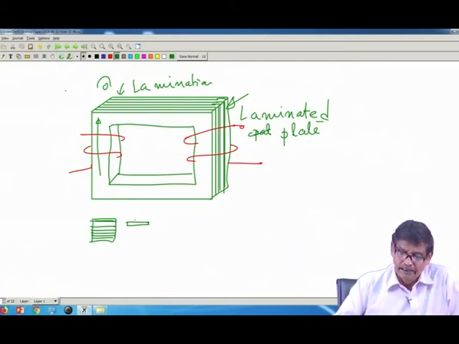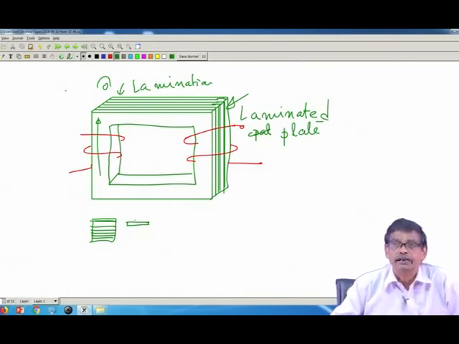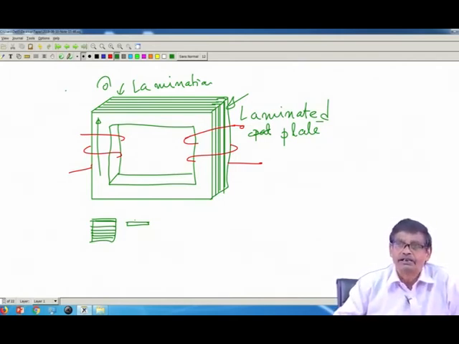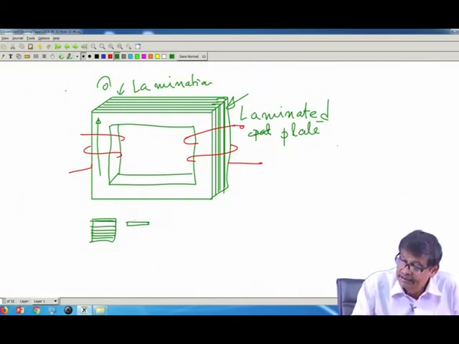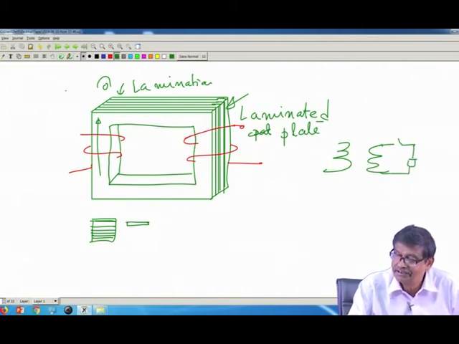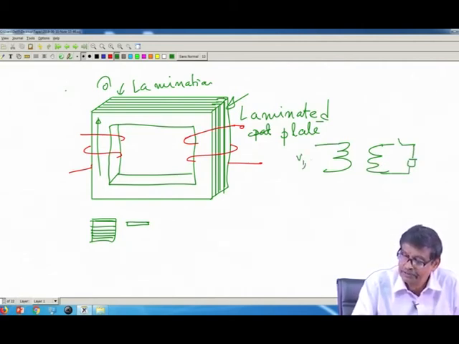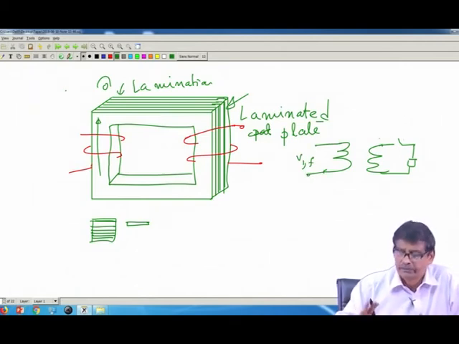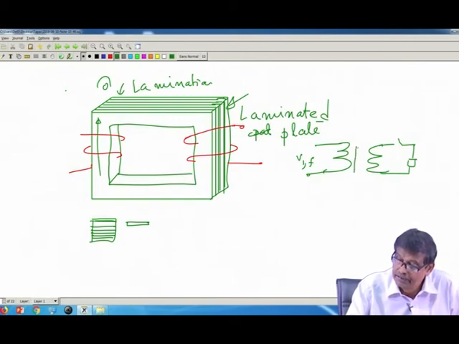Now, how to take this eddy current loss effect into the equivalent circuit? Coming back to the original question. Even with the secondary of the transformer opened, you can look at it in this interesting way. This is V1, you have switched on the supply, the secondary is open, but there is core material.